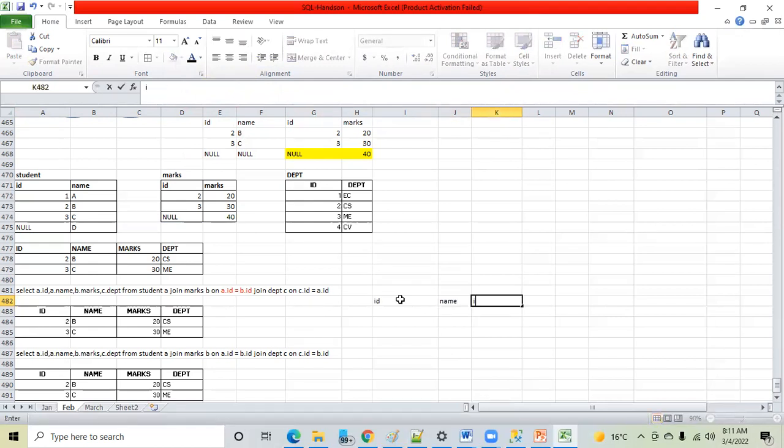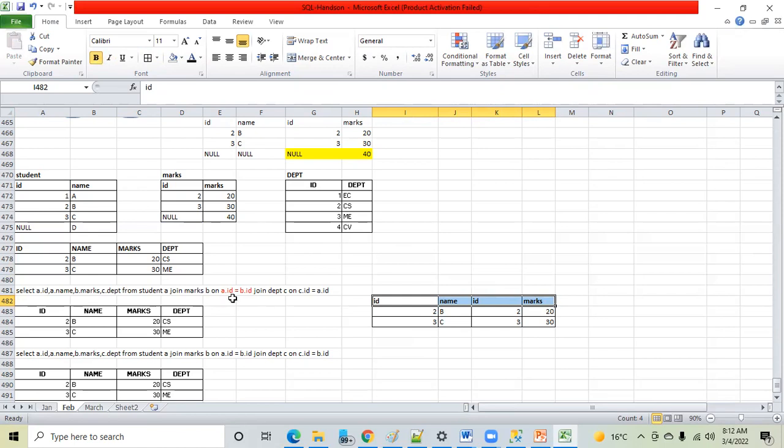ID, name, ID, marks. It will be 2, 3, B and C, 20 and 30, right? So you told me that this should be the output if I'm considering the first condition only.